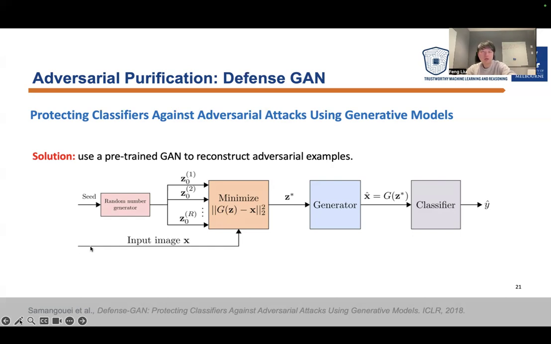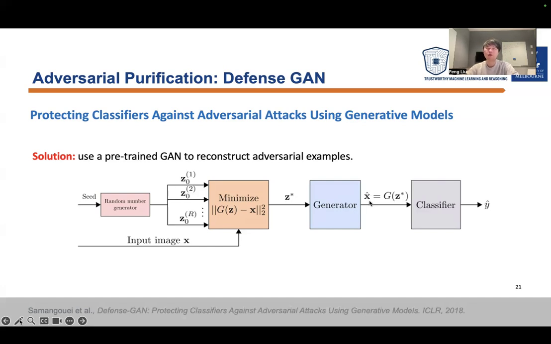And then we can also have the input image. You can consider it's an upcoming image, okay. And we can find the best seed, Z, okay, we call it Z star, such that it will minimize the difference between G of Z and the given image X. And then we give this Z star to the generator, and we will generate another X, okay, we call it X hat.